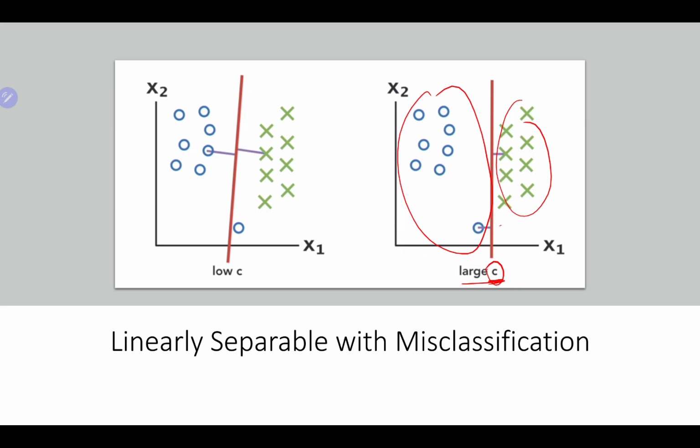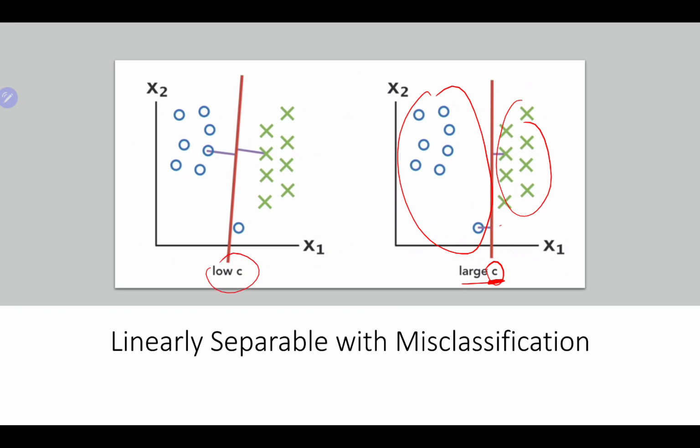And by the way, the C value is one of the most important hyperparameters in SVM. It needs to be tuned, and we can see the effect of applying small C values and large C values later on in our experiments.